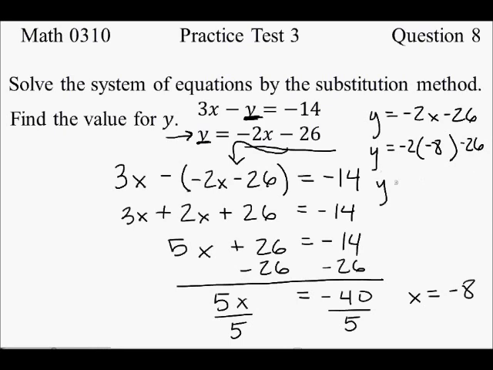Y equals negative 2 times negative 8, which would become a positive 16, minus 26, and 16 minus 26 is a negative 10. We're subtracting a bigger number there. Alright, so the question says find the value for y, and so y equals negative 10, and that is answer choice D.